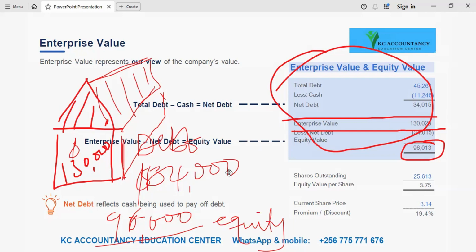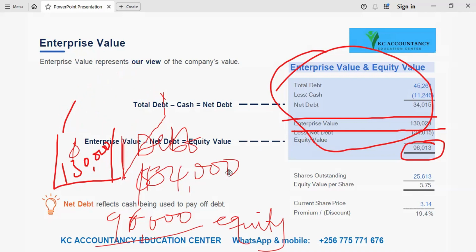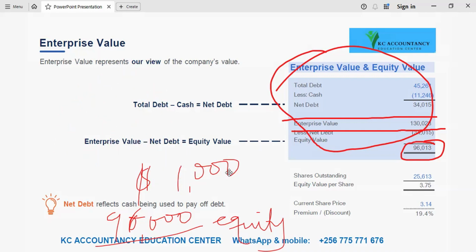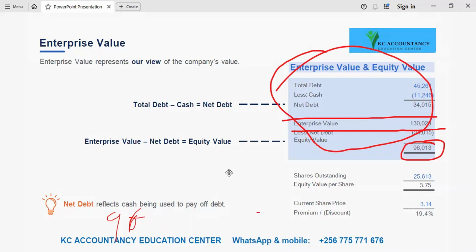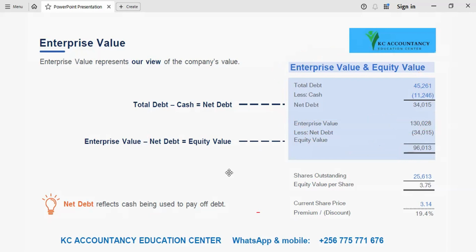Now, we also want to make sure that we understand how to calculate the net debt, because we have understood how to make these computations for the equity. The net debt has a formula here.